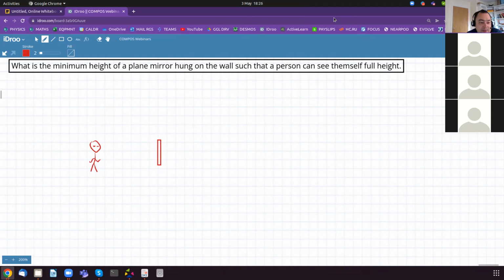Can be any height of the ground. Oh, Josh, excellent. Okay.